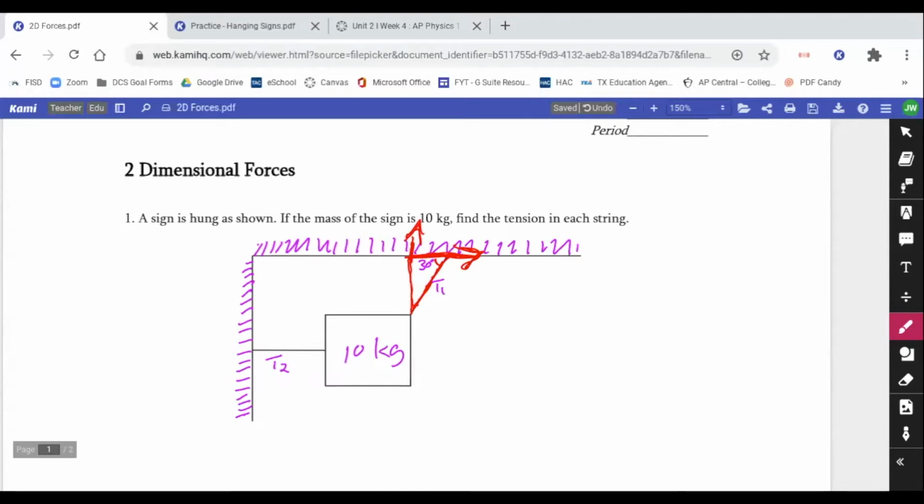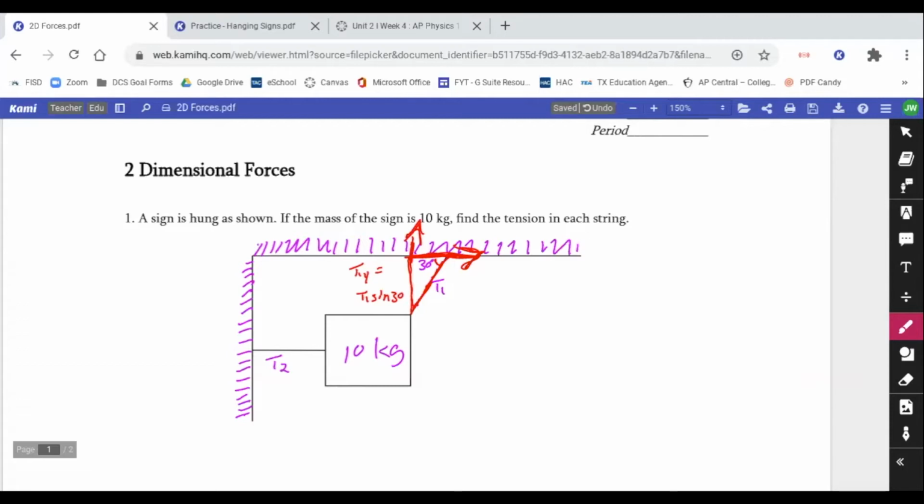So for the upward component of T1, we can call this T1 in the y direction if we really want to. And this would be calculated by saying that's equal to T1, it's the opposite side, so that's sine of the angle 30 degrees. For the part that pulls it to the right, that's T1 in the x direction.